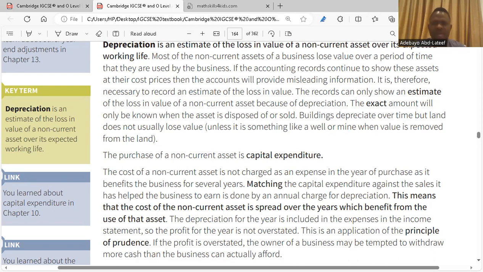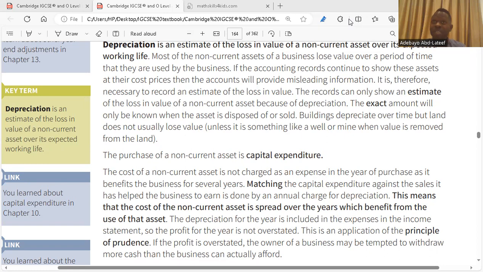The records can only show an estimate of the loss in value of a non-current asset because of depreciation. The exact amount will only be known when the asset is disposed of or sold. The only time we can know the true value of that asset is when we dispose of it.